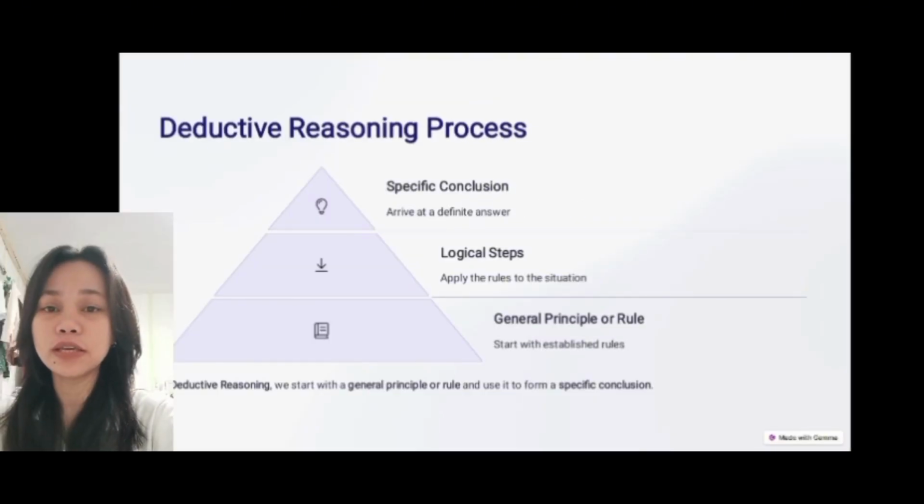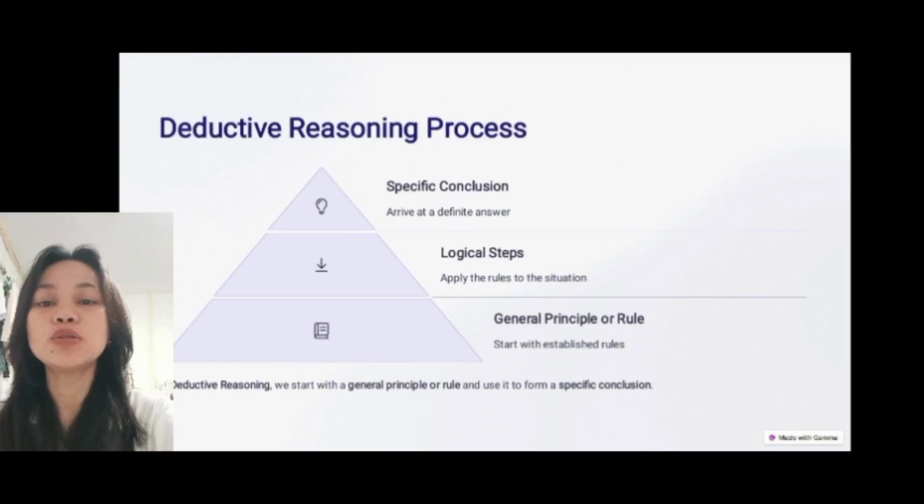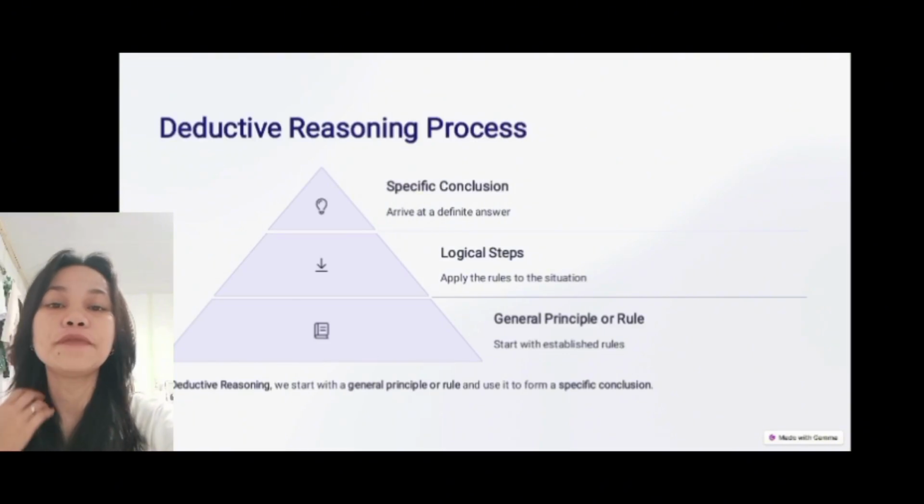In deductive reasoning, we start with a general principle or rule and use it to form a specific conclusion.